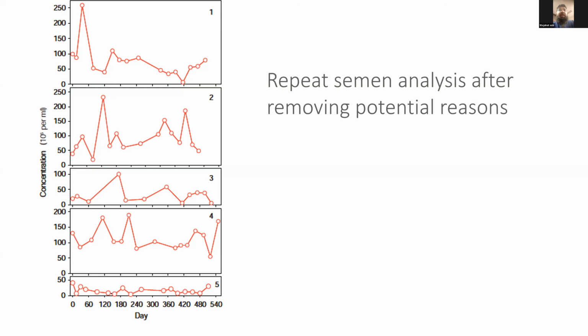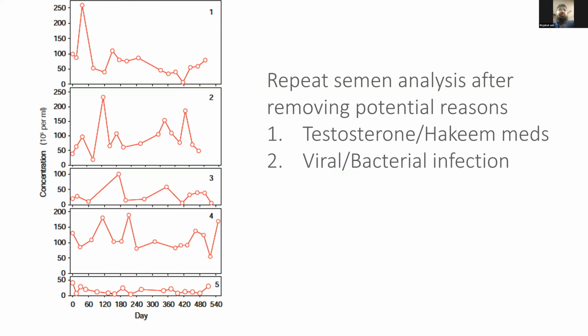And at the same time, while you are asking the patient to repeat the semen analysis, one should consider removing the potential reason which may have led to those. Many a times, especially in our society, the reason could be some Hakim medication or testosterone injection, and you need to specifically ask about that when you are taking history.